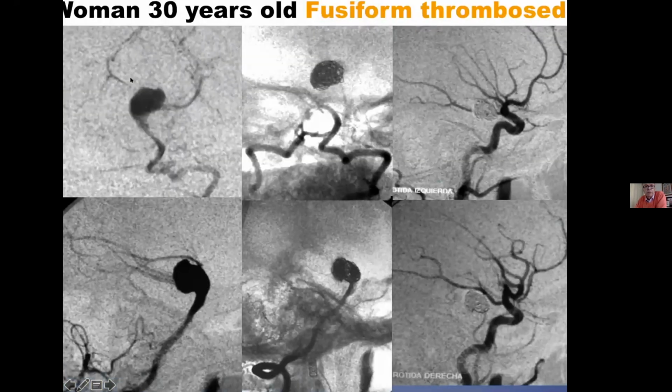Another patient, 30 years old, from Medellin, Colombia, with Dr. Vargas, coiling. Finally, I decided to close the neck and the tip of the basilar artery. Look at this. And you have the collateral circulation.